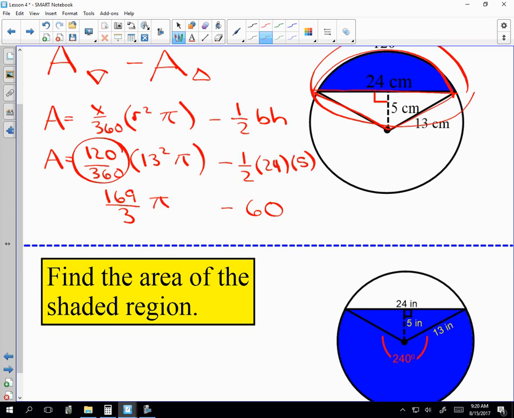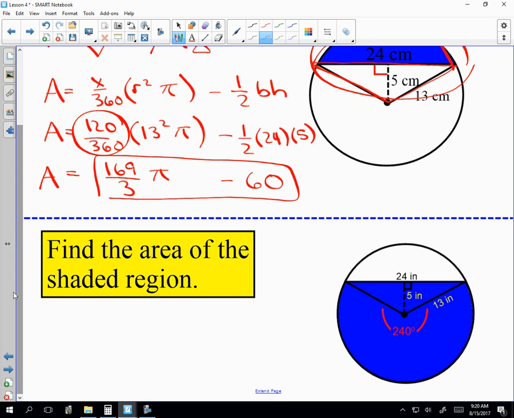And then we put the pi on it as well. So notice, it's a two-part answer. Now, if we wanted to find an estimated value, could we do that? Yes. But if we want an exact answer, we actually have to leave our answer in those terms.